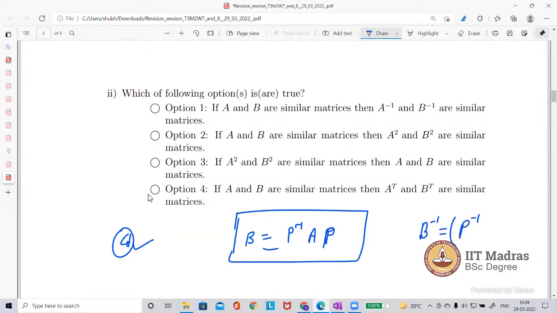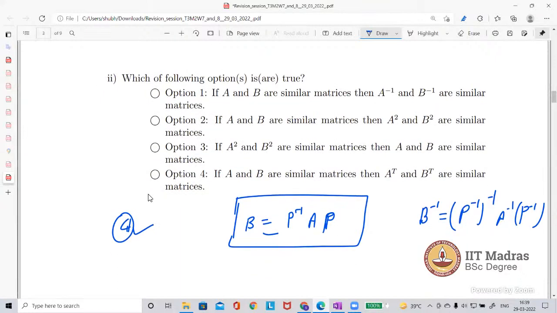So P inverse of inverse is P. Here will be P, here will be A inverse, here will be P inverse.